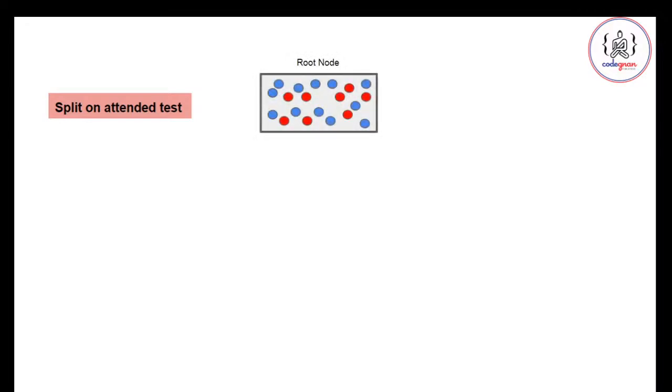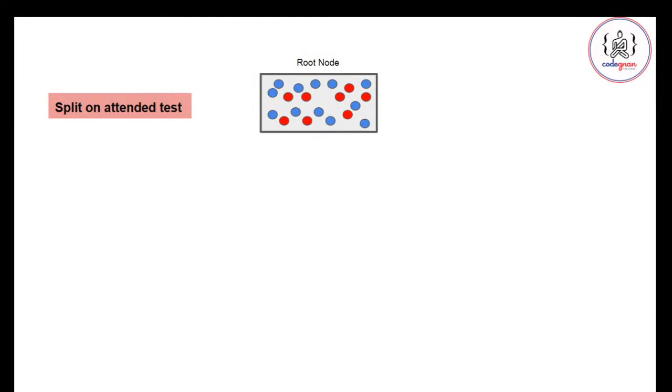So let's calculate this. Let's consider our example and split it on attended test first. We are doing this first splitting on attended test, then we will also look for the split on attendance. Here we have this split on attended test, and here we have these values in the root node.